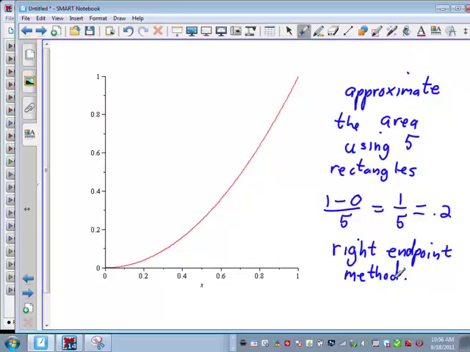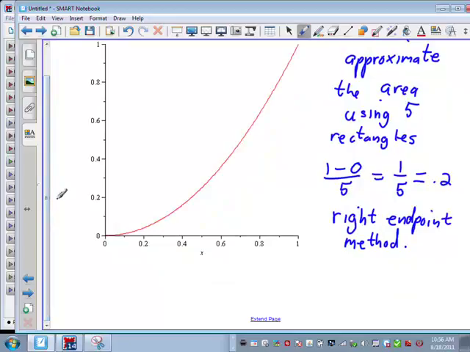All right, so it's almost like this. We're talking about this rectangle, and then this rectangle, and then this rectangle, and this rectangle.